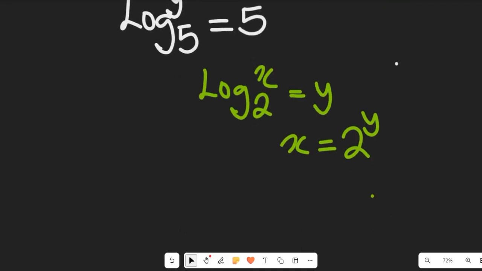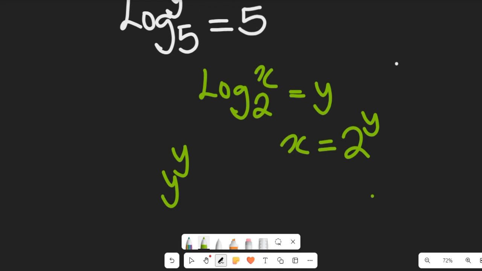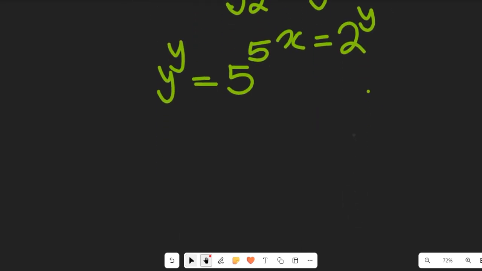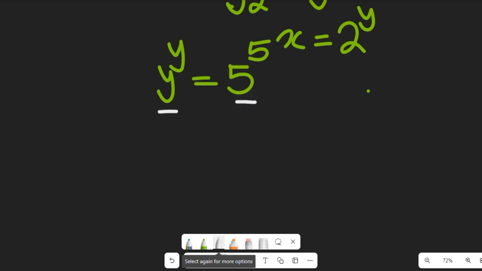Applying that expression here, I'll have my y to the power of y to be equal to 5 to the power of 5, right? So comparing the base and the power, we can have our y equal to 5.